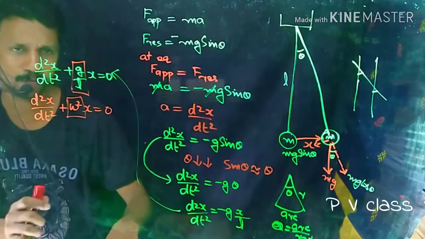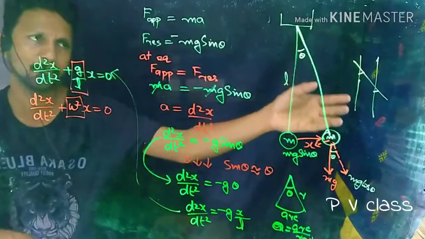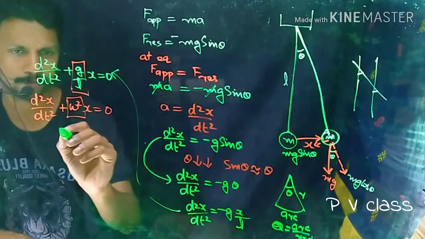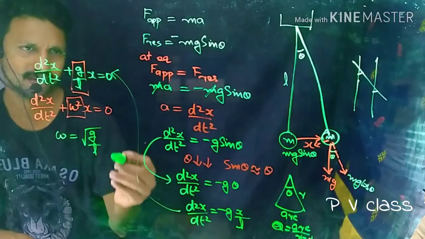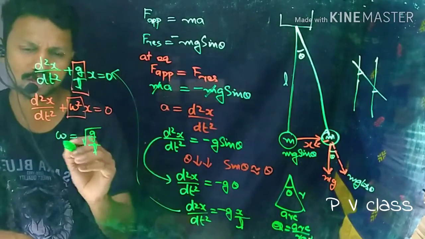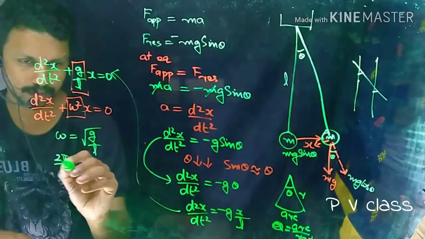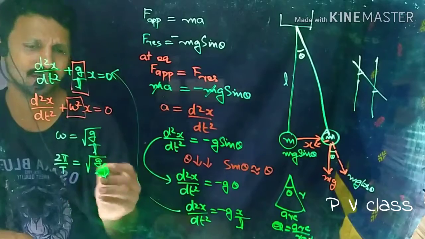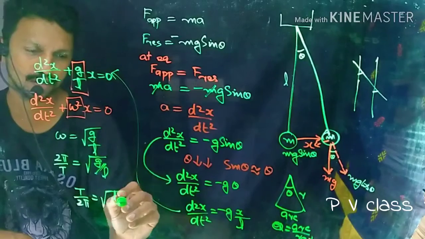Therefore, we could conclude that since this resembles the standard equation of simple harmonic motion, the pendulum is executing a simple harmonic motion in which the omega square value is g by L. Therefore, omega is equal to root of g by L. We have learned that omega is connected with time period: omega equal to 2 pi by T. Therefore, 2 pi by T is equal to root of g by L. Then T by 2 pi is the reciprocal, that is root of L by g.